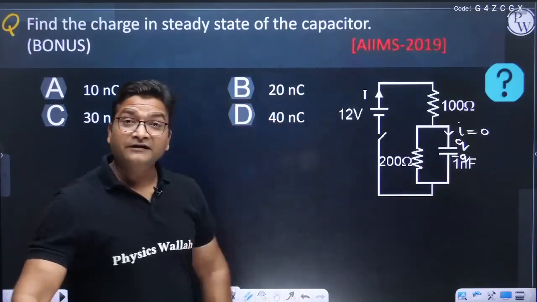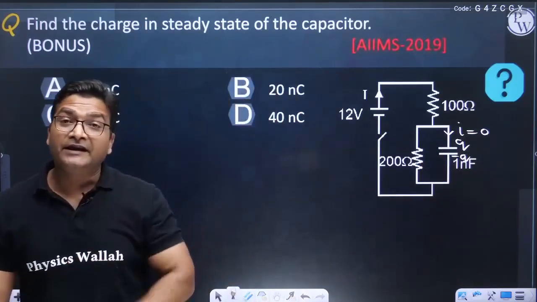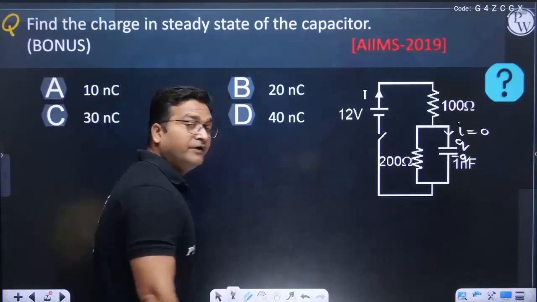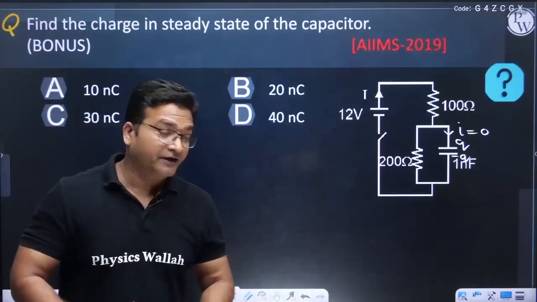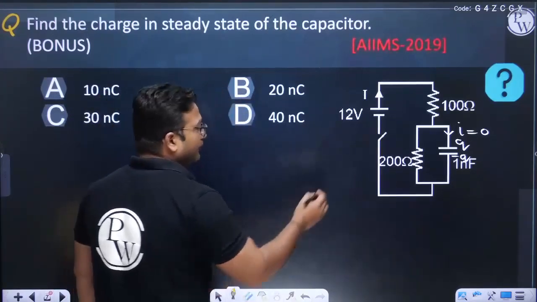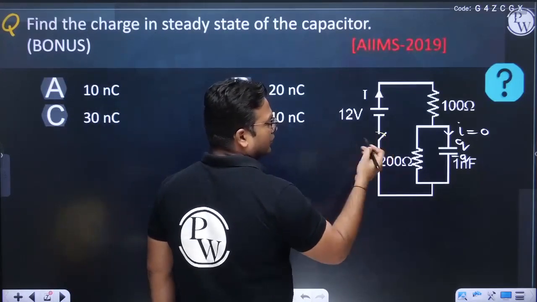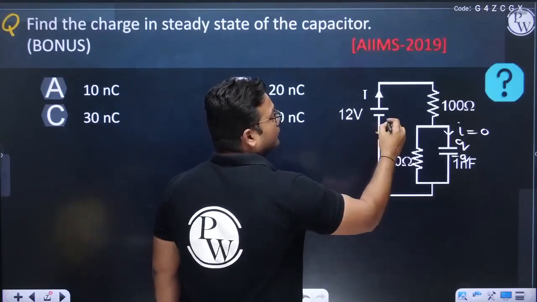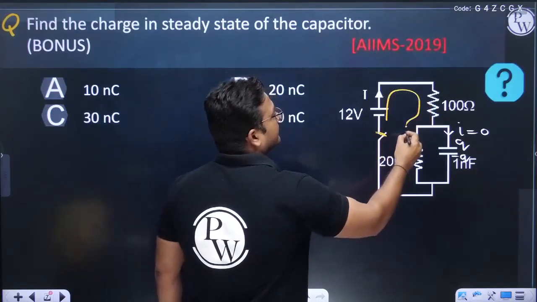But current is 0 only in the branch containing the capacitor. If current has a way to move, if current has a loop to move in, the current will obviously flow. So current here will flow obviously after closing the switch. So current can move in this path.